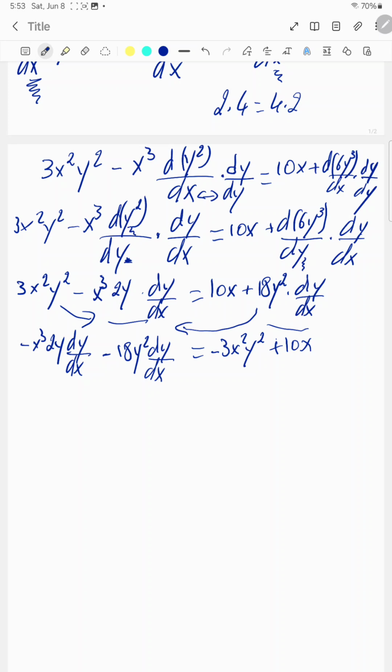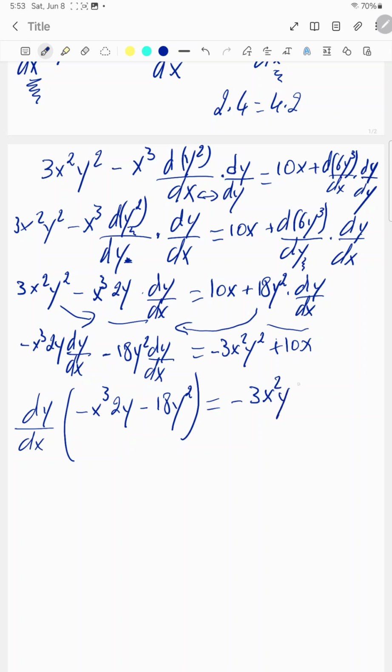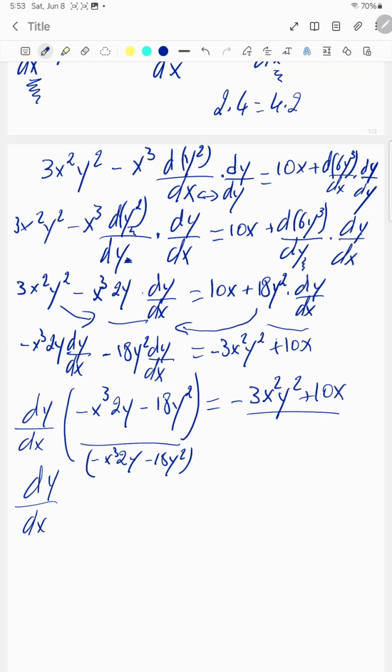And here on the left hand side I can factor out dy divided by dx. So dy divided by dx, factor of minus x to the power of 3 2y minus 18y to the power of 2, equal minus 3x squared y squared plus 10x. Now if I want my dy divided by dx, I divide here by minus x cubed 2y minus 18y squared, and I have to maintain the equality.